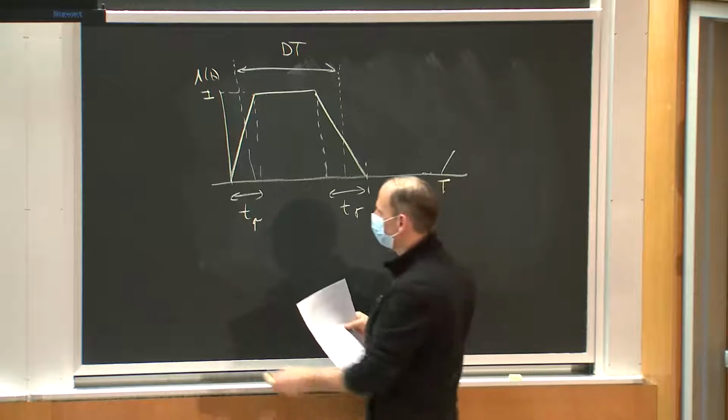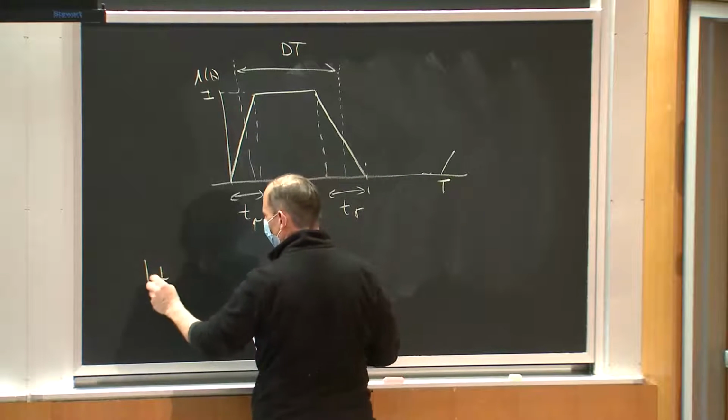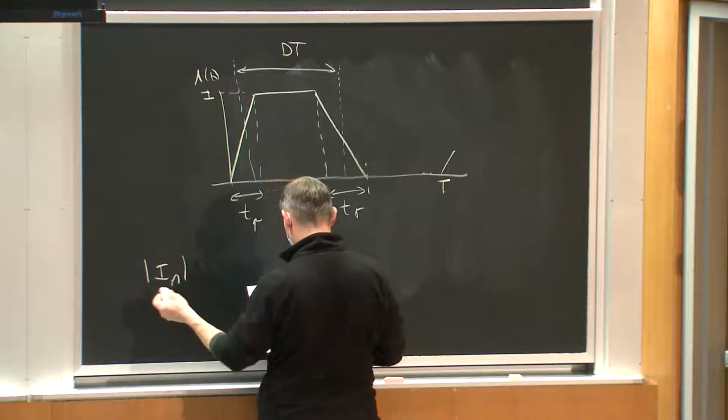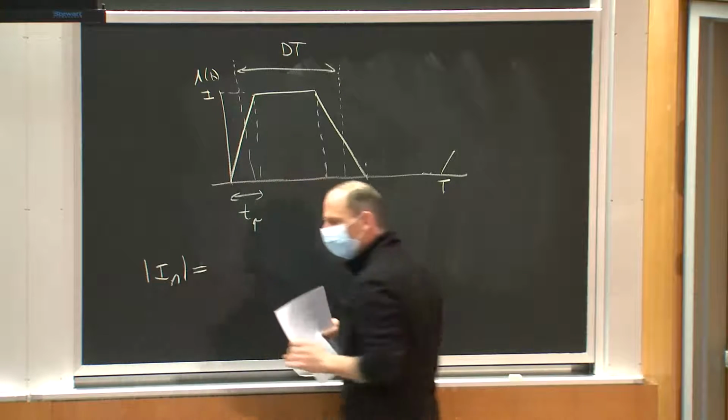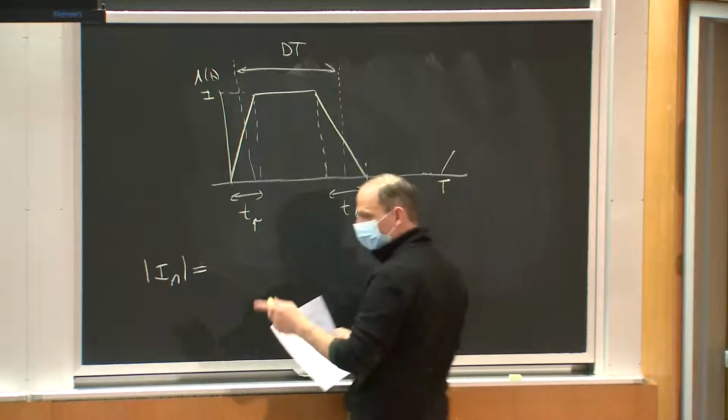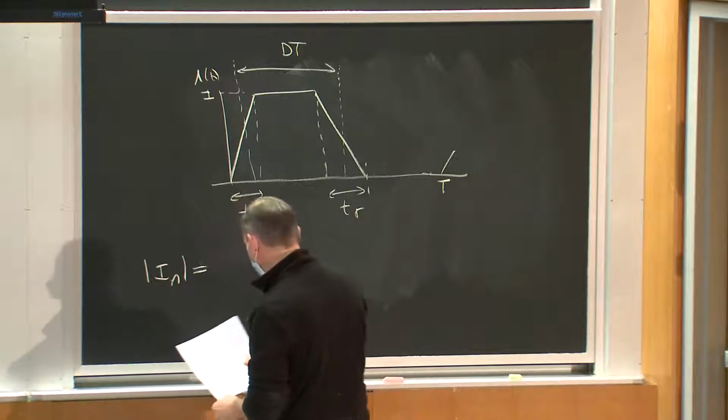Here is what the magnitude of the nth Fourier coefficient looks like. You can derive this. I actually took this version from Ott's electromagnetic compatibility book, but it's also in KPVS.